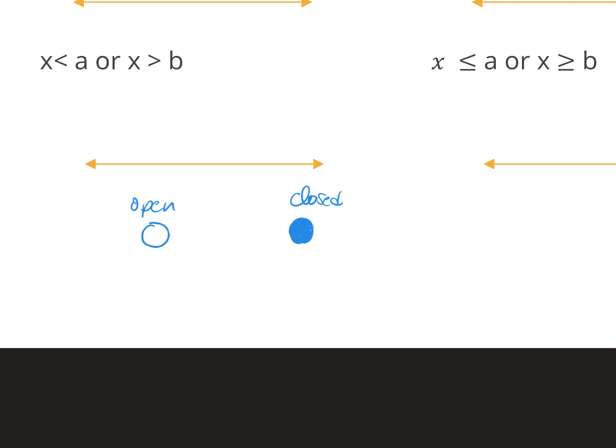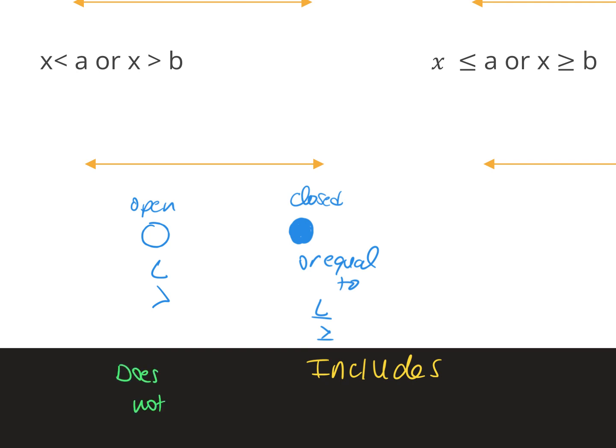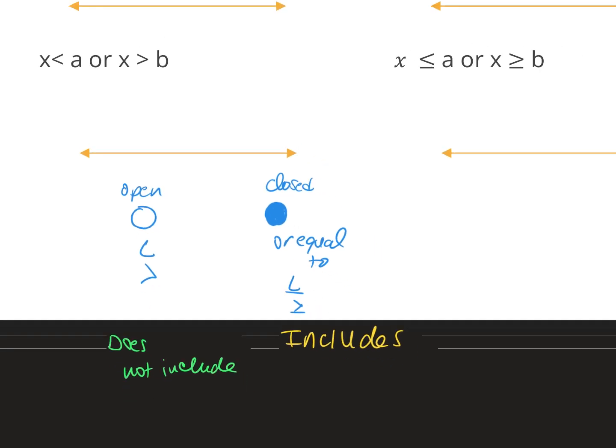So a closed circle means or equal to: greater than or equal to, less than or equal to. Open is greater than, less than, not or equal to. A closed circle includes the value. An open circle does not. Do you understand what I mean by something being included or not included?